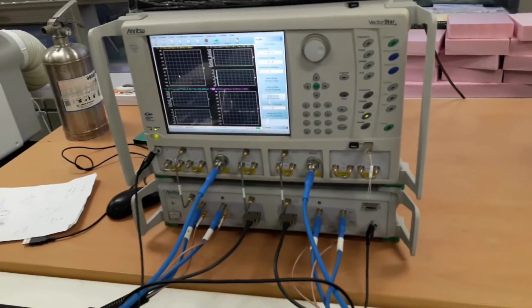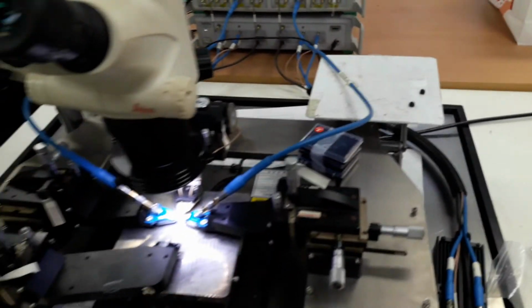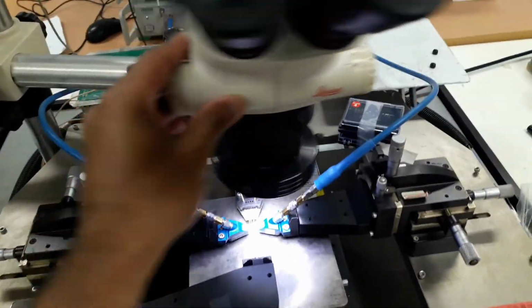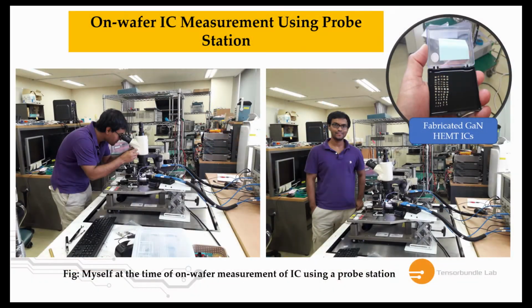We always use a microscope to measure an IC on the probe station, and with the help of a microscope we can see the real view of the IC. And I have another video which shows how to measure an IC on a probe station by using a microscope and RF and DC probes.